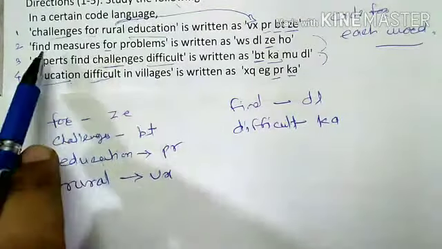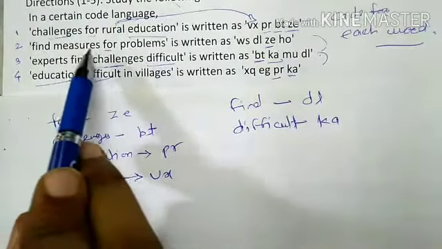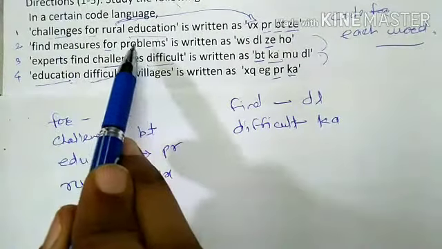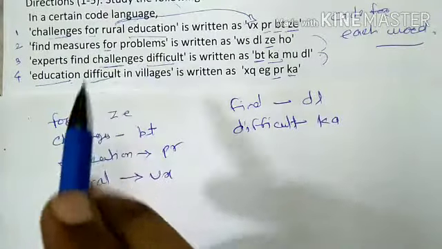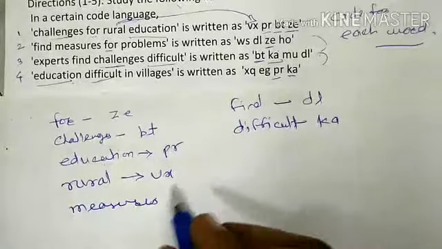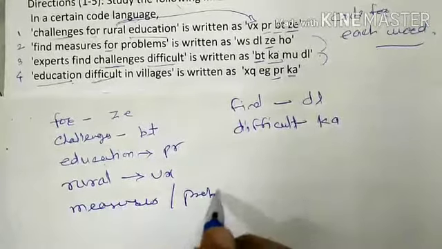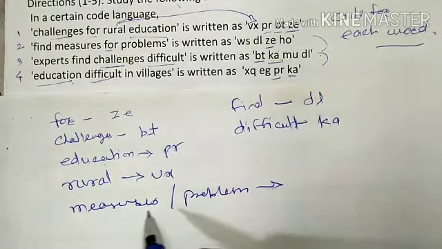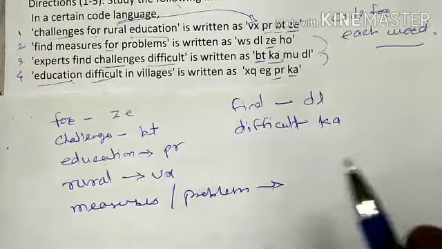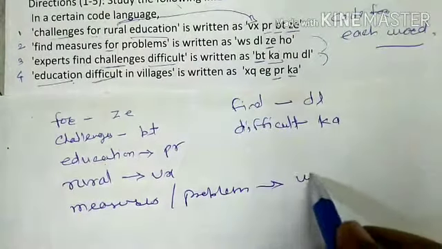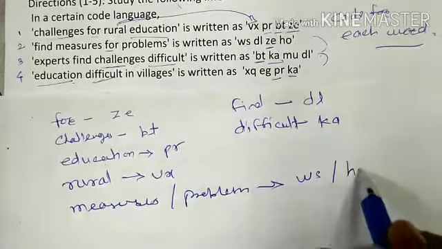In this we know find and for, but measures and problem we don't know. We don't get the exact code for these words, so the remaining codes are WS or HO.